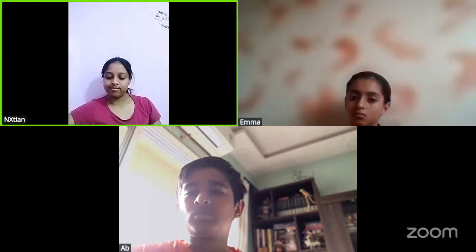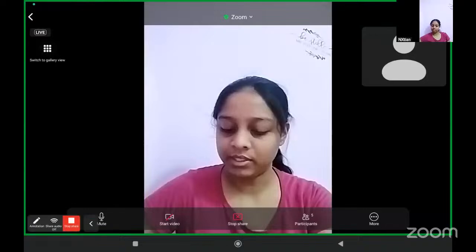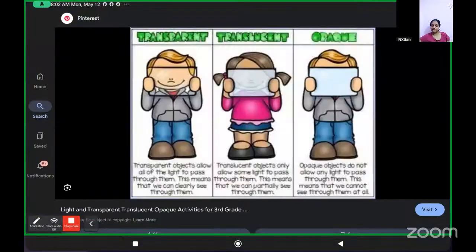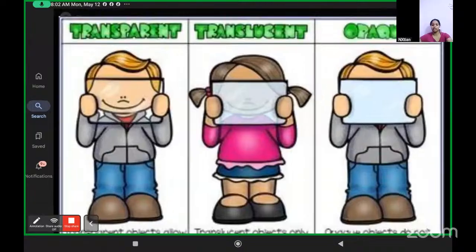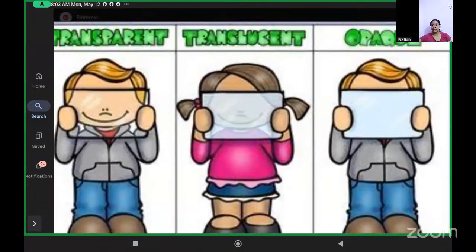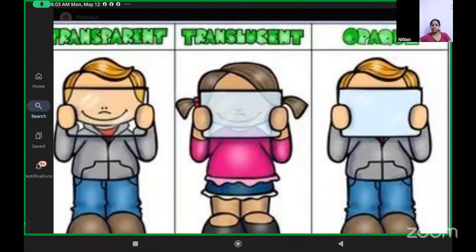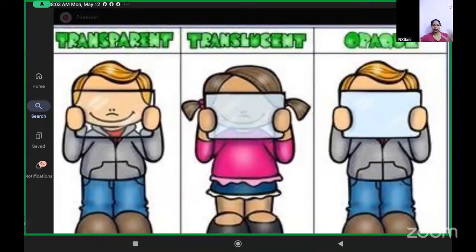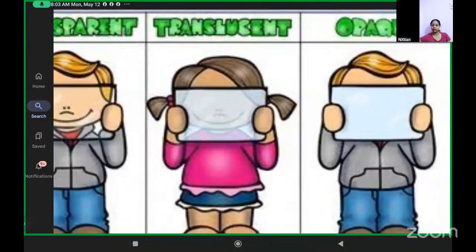Two things I'm going to show you. Take a look at this first. The first one is holding a glass, and you can see his face through it, completely visible. Look at the second one.